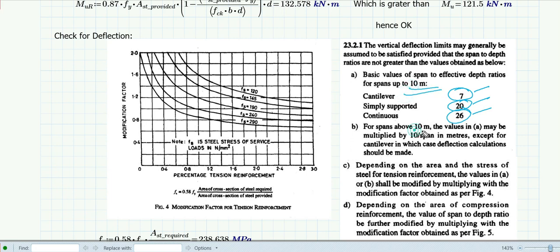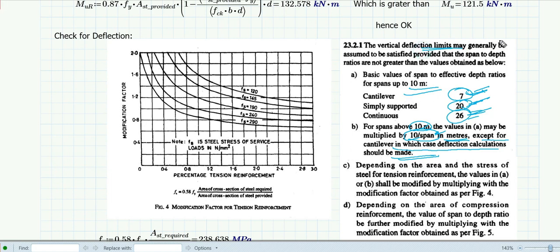If the span is more than 10 meters, the values 7, 20 and 26 may be multiplied by 10 by span in meters, except for cantilevers, in which case deflection calculation should be made. Except for cantilever, in other cases we can multiply these values with this particular coefficient.